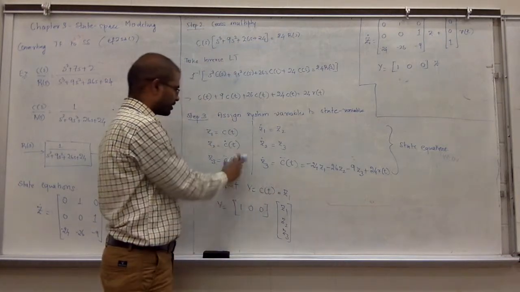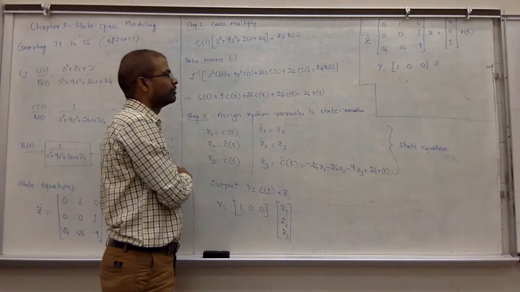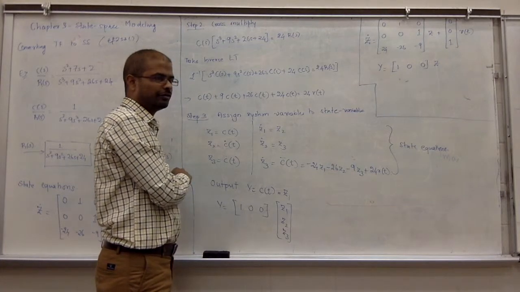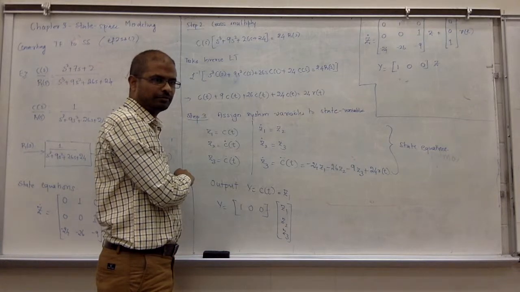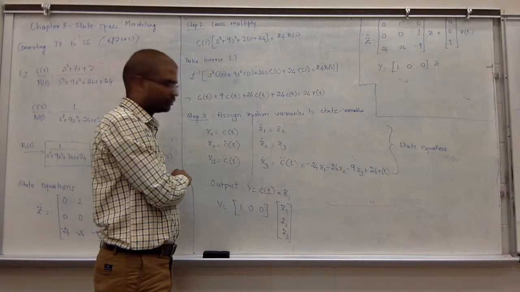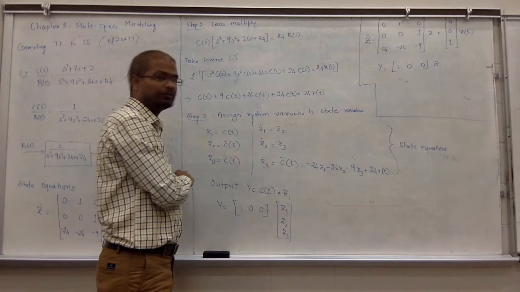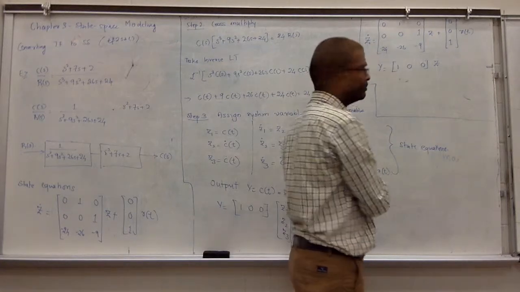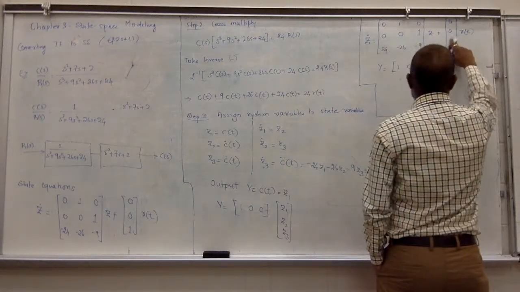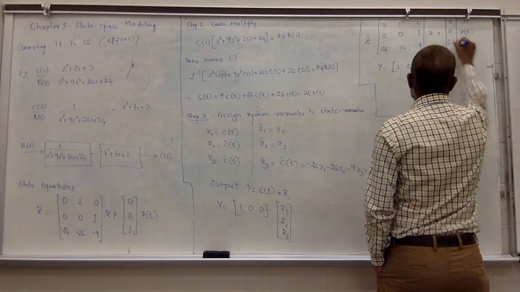See, writing this, you did not realize any mistake there? Why is that a mistake? Austin? Oh, 24. Oh. This is 24. Okay.